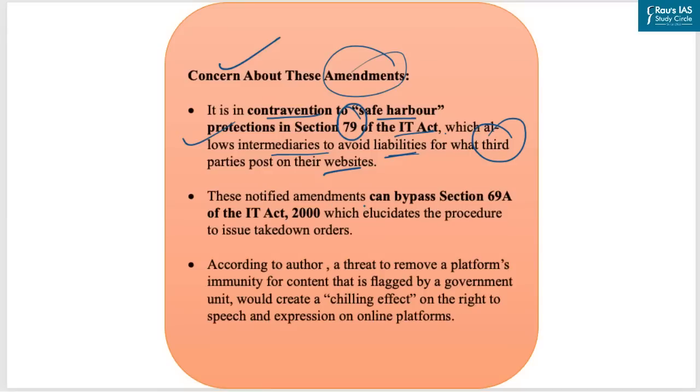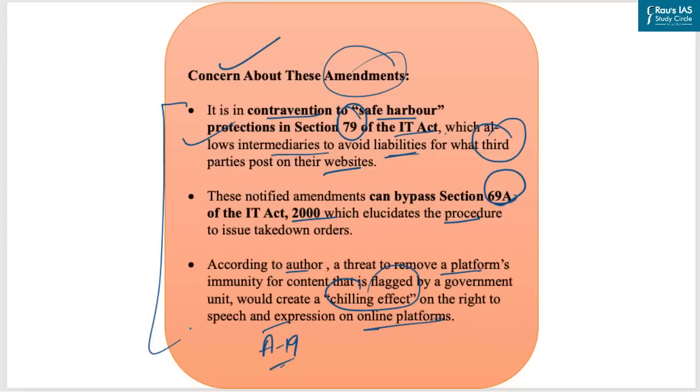Second, these notified amendments can bypass Section 69A of the IT Act 2000, which elucidates the procedure to issue takedown orders. Also, according to the author, a threat to remove a platform's immunity for content flagged by a government unit would create a chilling effect on the right to speech and expression, that is Article 19, on online platforms. So these are the concerns related to the recent amendments.